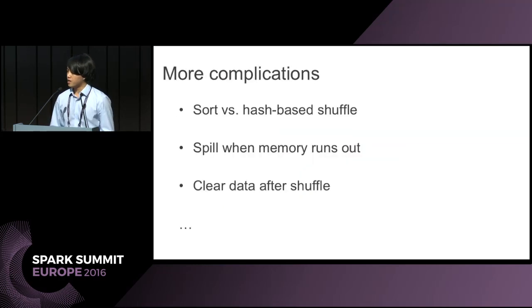For example, Spark's default now uses the sort-based shuffle instead of the hash-based shuffle I'm just talking about. It also has to consider cases such as what if you use up all your memory, you have to spill some of the intermediate states to disk, or how you clear the data after the shuffle. But just for understanding, I think that model is good enough.